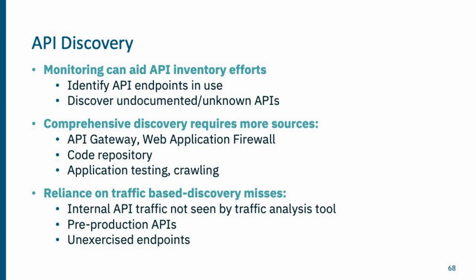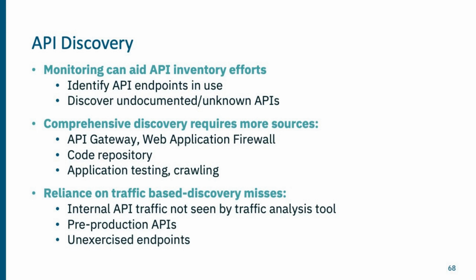If your goal is a comprehensive inventory of all your APIs, which it should be to satisfy those governance requirements, you need to look well beyond this, because APIs may exist within the firewall that are not being seen by your monitoring tool. You want to be scanning code repositories to look for these types of APIs or crawling or app testing. But that's how you're going to get a comprehensive view.